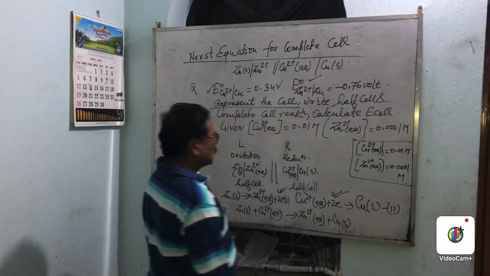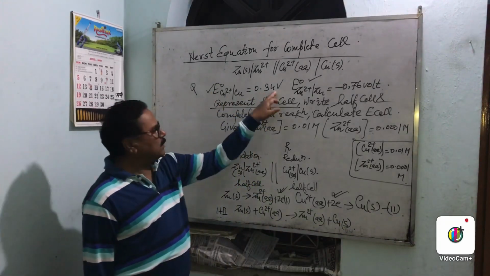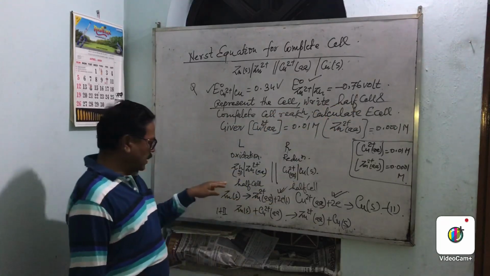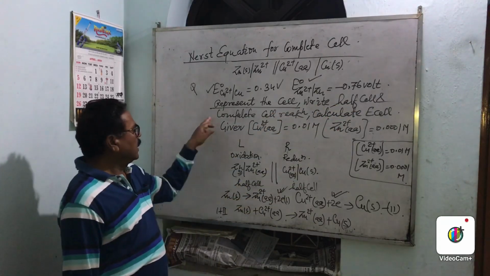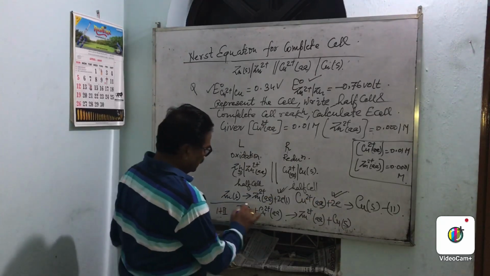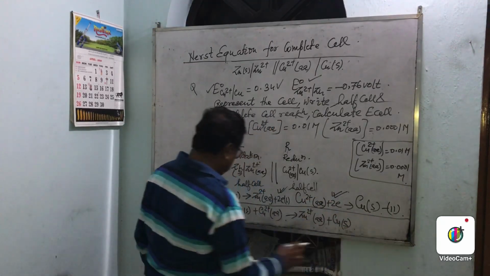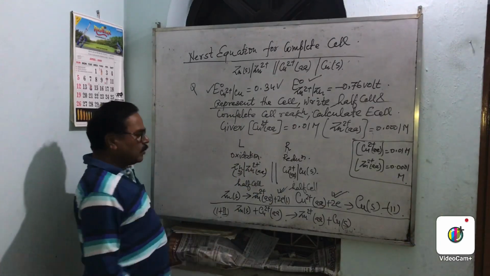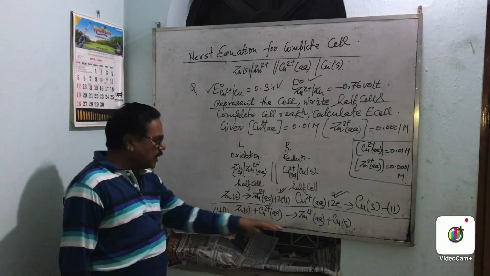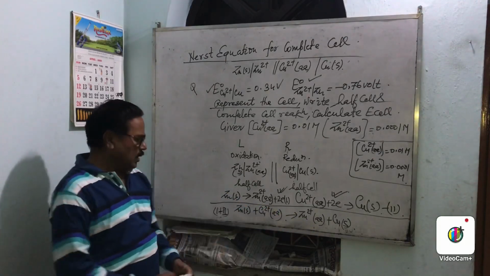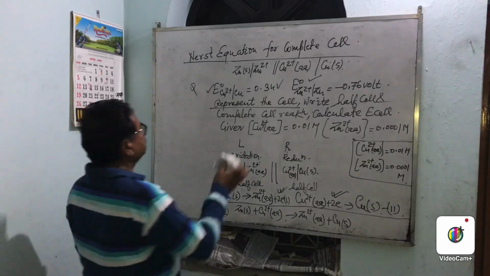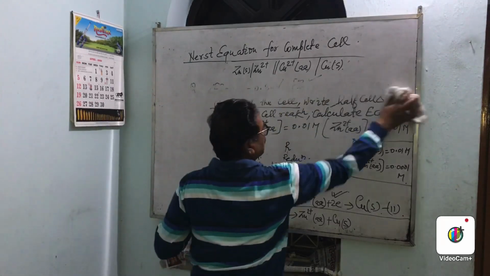The question says to represent the cell; I have written the half cells and the complete cell. If the two halves are added, it will give the complete cell reaction. So for that cell, the cell reaction will be this. We erase it and write the complete cell reaction. This is the complete cell reaction.